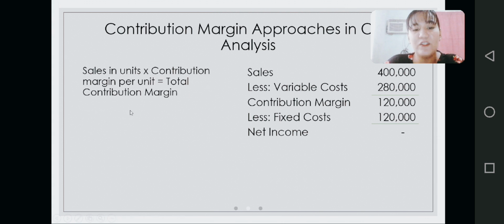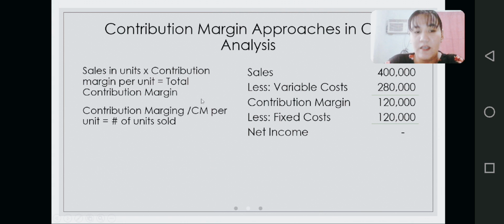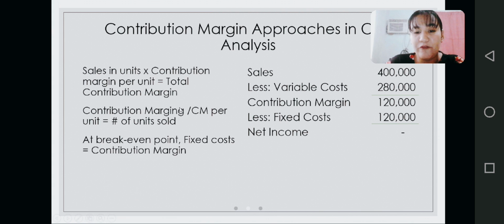Now, one thing that you need to see is this. Sales in units times the contribution margin per unit, this will be called as the total contribution margin. Then we would just alternate the equation. Contribution margin divided by contribution margin per unit is equal to the number of units sold. But at break-even point, your fixed cost is equal to your contribution margin.